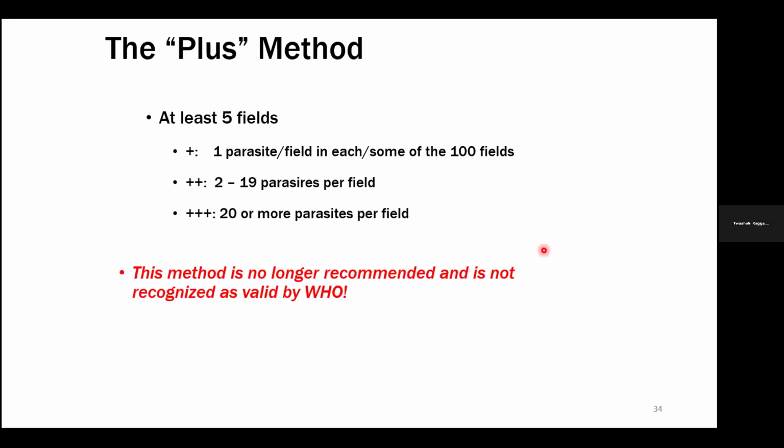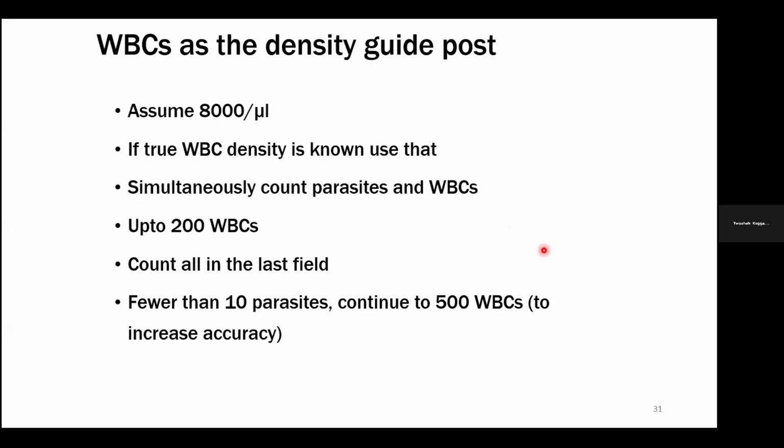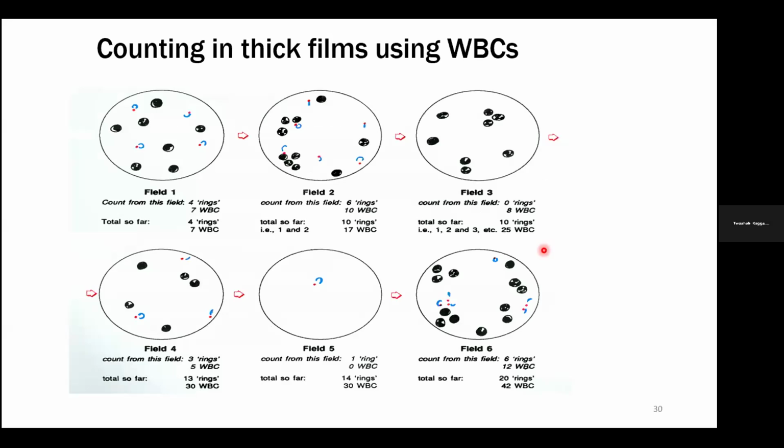Then after that, I take you to the plus method of reporting. Before we report using the plus method, we are advised to check at least 5 fields, because if I can take you back to this representation of ours, in the first 2 fields here, there were white blood cells and parasites.